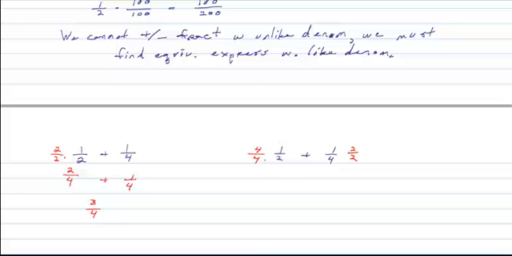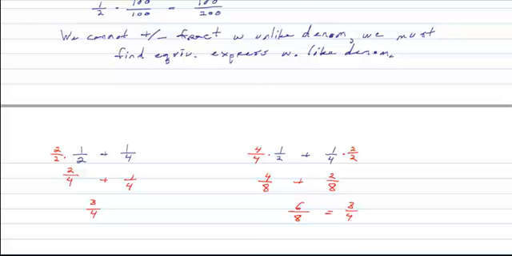So I'm multiplying 1/2 by 1, so the result will be equivalent, and I get 4/8. And I'm going to multiply here, and I get 2/8. And of course, we just multiplied by 1, so the result is equivalent. So now I have a common denominator. I can add them, and I get 6/8. And that simplifies to be 3/4.